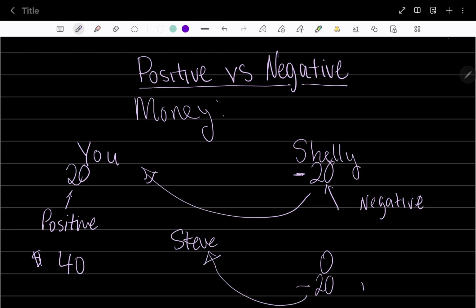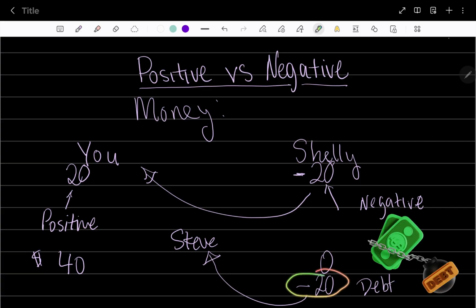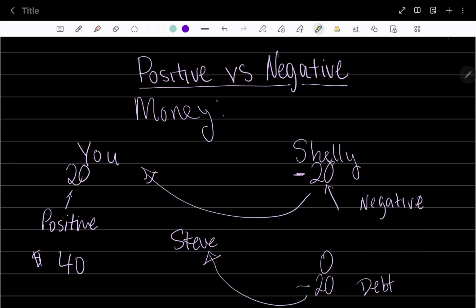Now I am in debt. I'm in debt of $20 because I owe Steve $20 as well. Now, with negative and positive numbers, to be in debt means that you owe money.